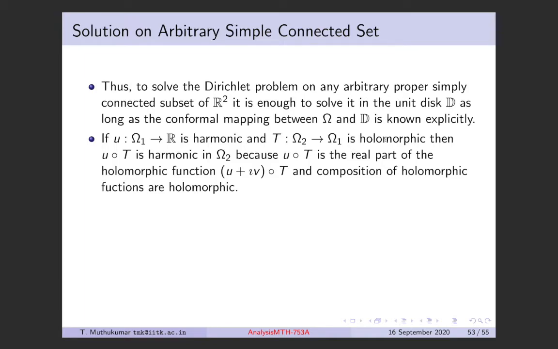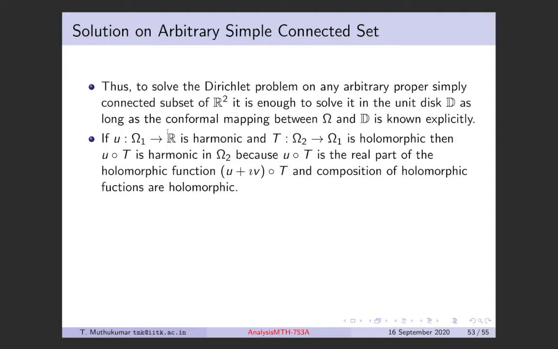If T is holomorphic, then u composed with T is harmonic in omega 2, and this you can see very easily. What is u composed with T? It is the real part of the holomorphic function u plus iv composed with T. What is given? u is given to be harmonic. And what did we say? If u is harmonic, there is a corresponding conjugate harmonic function that you obtain by solving the Cauchy-Riemann equations.